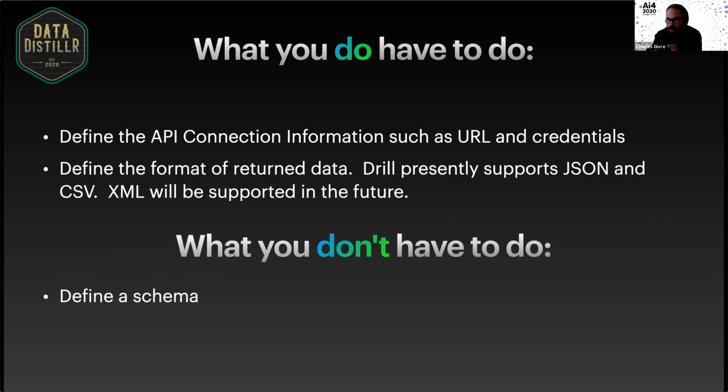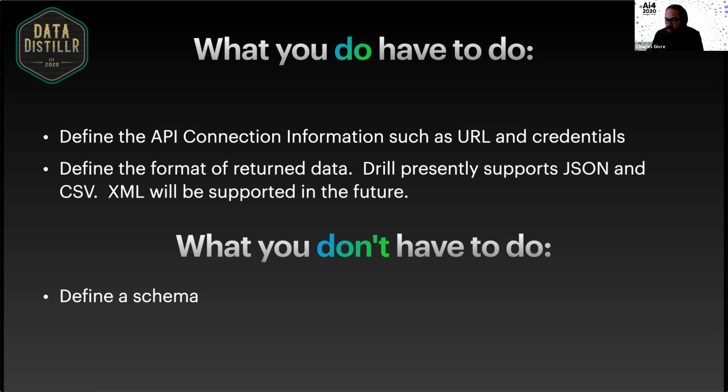So this would be the URL and any kind of credentials that you might have to set up. You also have to tell it explicitly what the format of the returned data is. In other words, you have to tell Drill what to expect when the query is done. Again, this information would be available in the documentation for whatever API you're using. This is really as simple as filling out a form, and that's a one-time cost. Once it's done and configured, you don't have to do that again.